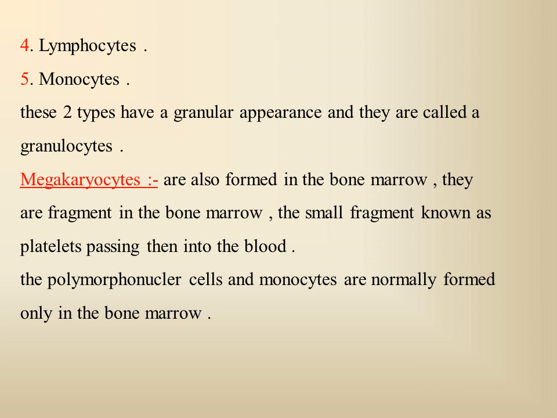The polymorphonuclear cells and monocytes are normally formed in the bone marrow. As we know, all the cellular elements are formed in the red active bone marrow: red blood cells, white blood cells, and platelets.